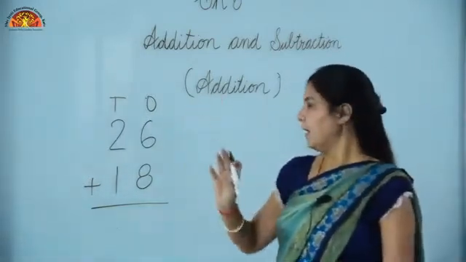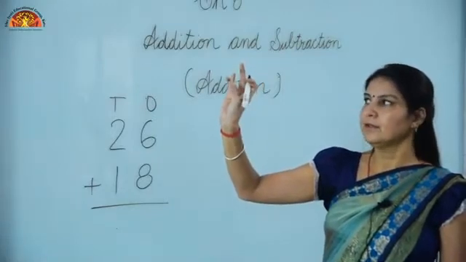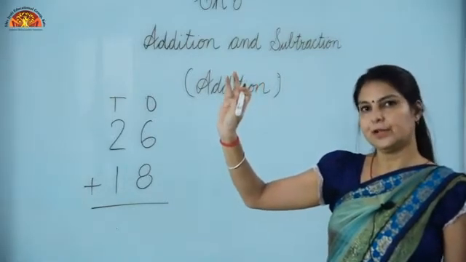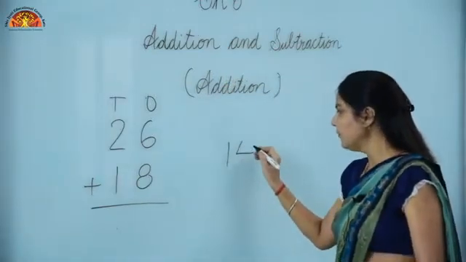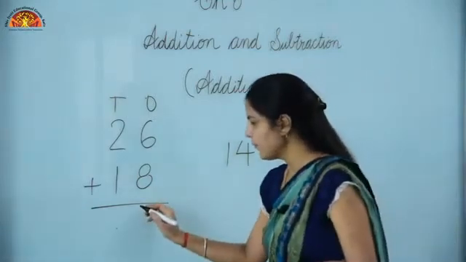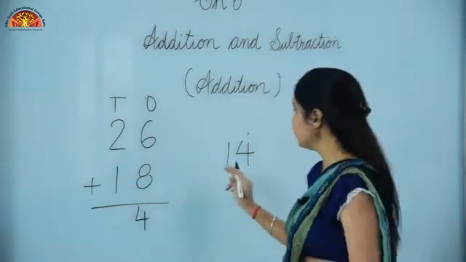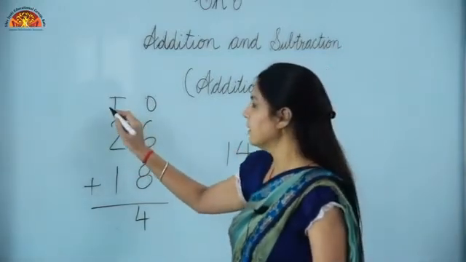Look here. After 8, 9, 10, 11, 12, 13, 14. So we will write, how many digits do we get in 14? We get 2 digits. So we will write the ones digit here at the ones place and the other digit we will carry over to the next digit. It is 1.